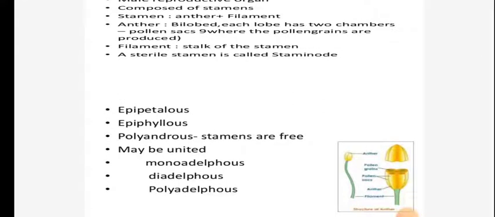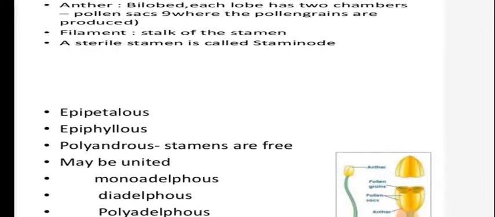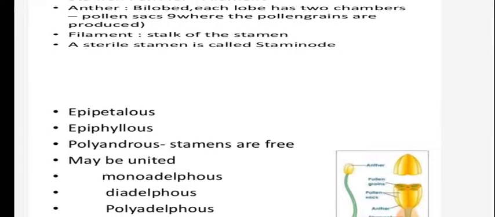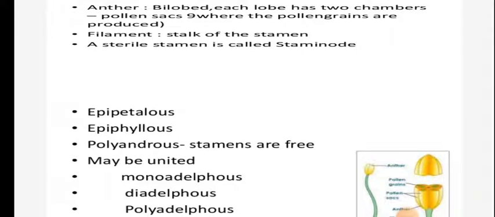The filament is a sterile part. In some, like Canna, there is a sterile stamen, called a staminode.